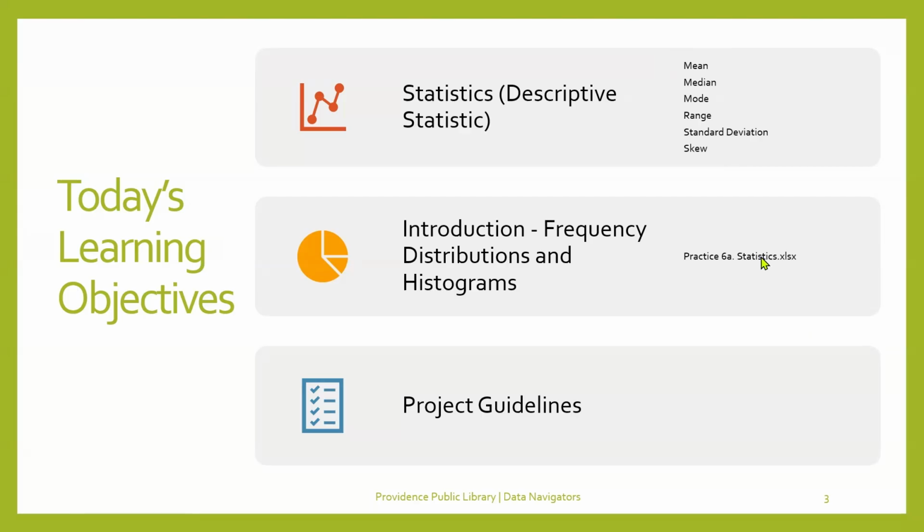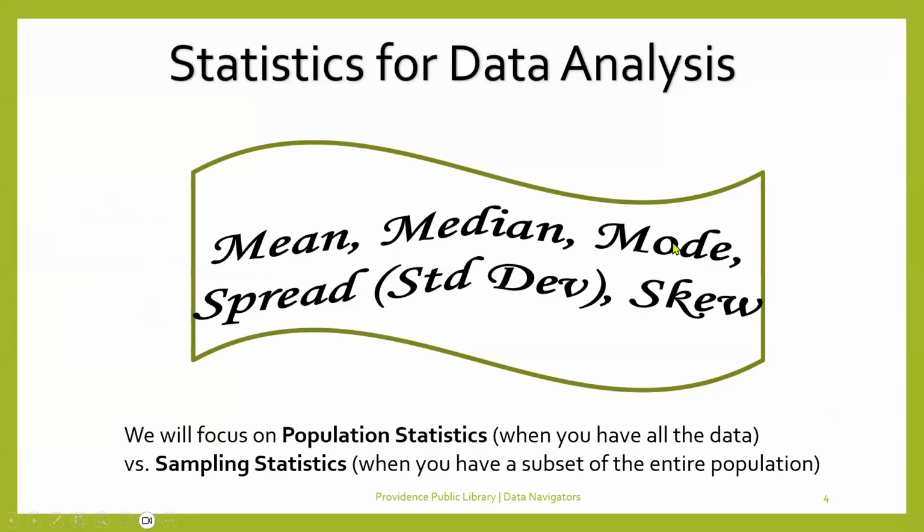I just have 3 worksheets for today. We'll do that. Once we're done with that, we will talk about a few project guidelines. I'll share a few more websites where we can look for a project and data. All right. Mean, median, mode, spread, the standard deviation, and skew.